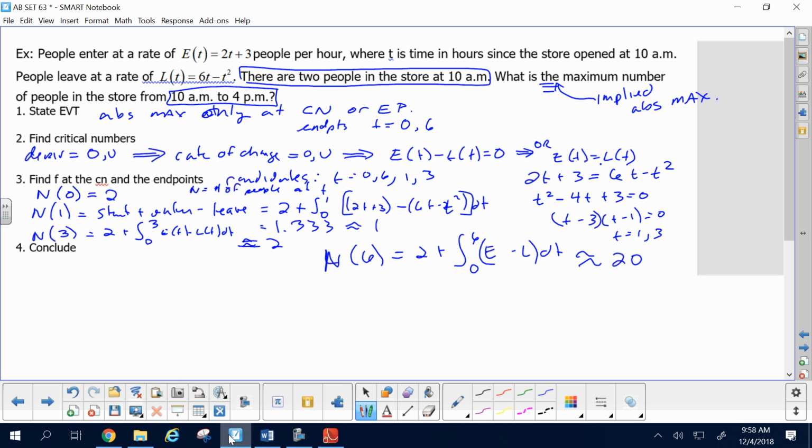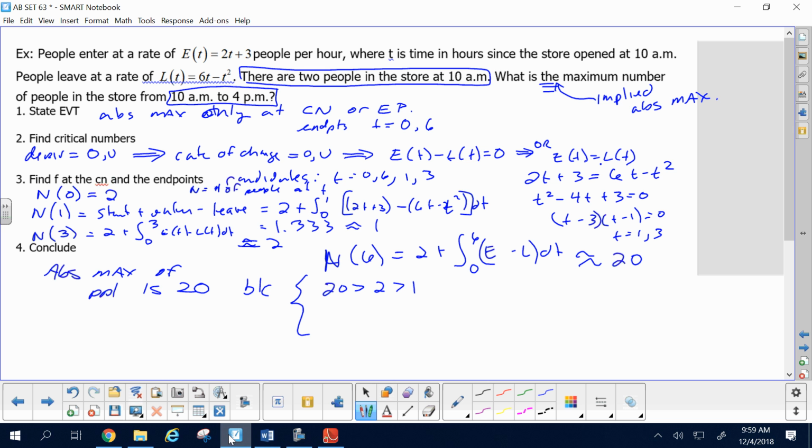All right, so our conclusion then is the absolute max number of people in the store is 20. And again, you could justify it one of 2 ways, because 20 is the greatest of the candidates, or because 20 is greater than the other possibilities of 2 and 1.